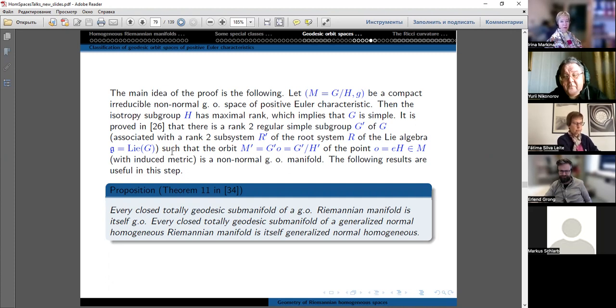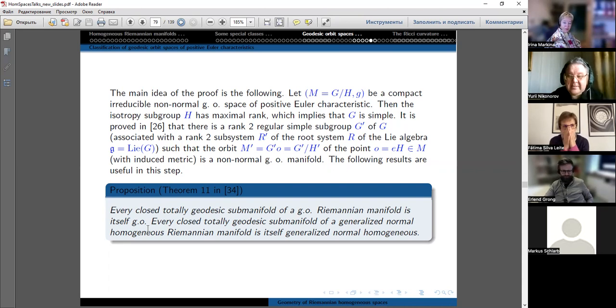But if we consider the more general class of geodesic orbit spaces, then it is, in some sense, a closure, some type of closure of naturally reductive spaces in some idealistic geometric sense. We take the closure of the algebraic construction, naturally reductive spaces, and get geodesic orbit spaces.